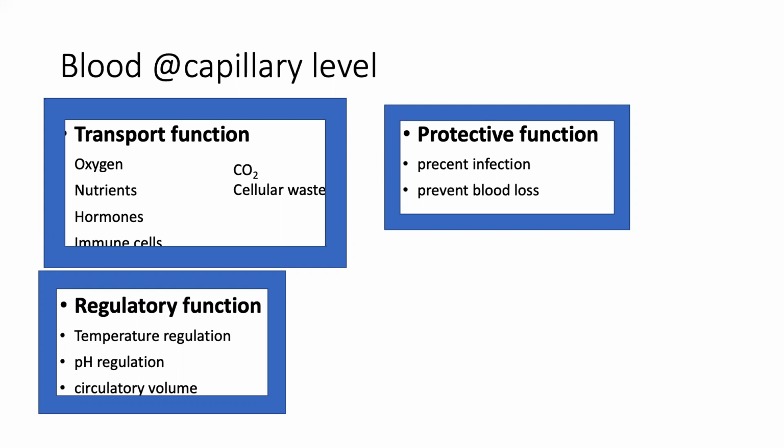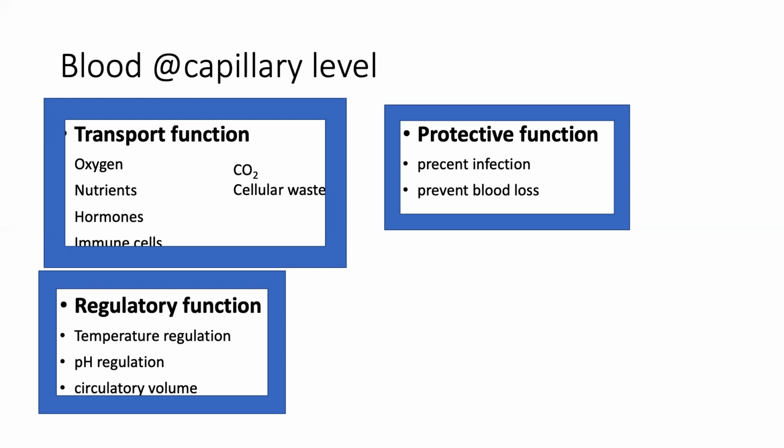It is also responsible for transporting carbon dioxide and metabolic waste from the cells to the sites where they are eliminated, such as kidneys or lungs. And if you remember the endocrine system, all the endocrine hormones will be directly secreted into the blood, and those will be carried by the blood to the target organs.